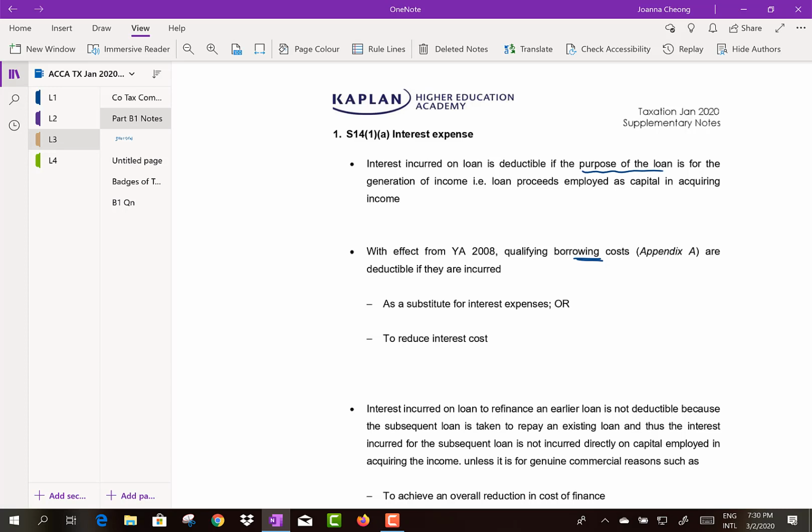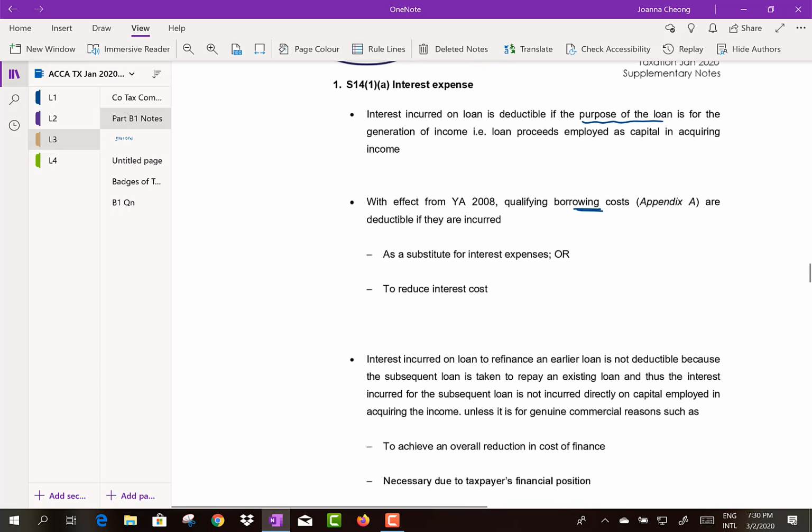But there's a concession. All right, concession says what? That means if such borrowing costs like guarantee fee can help you to reduce your interest expense, or can be a substitute for interest expense, then such guarantee fee, or similar borrowing costs, will be deductible. Maybe because the guarantor has very good credit rating, that is why you're able to secure a loan with lower interest rate.